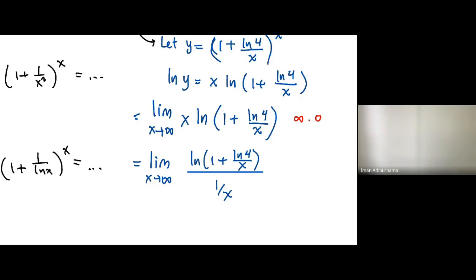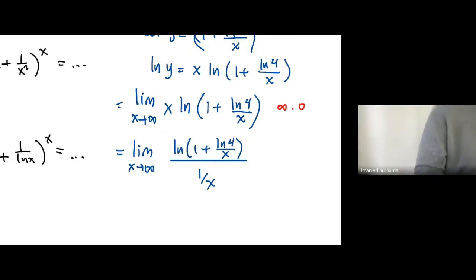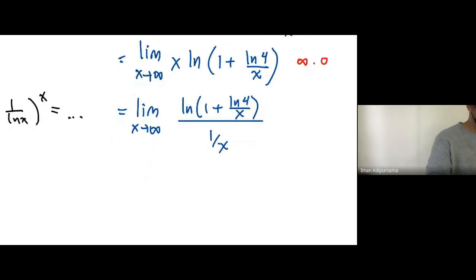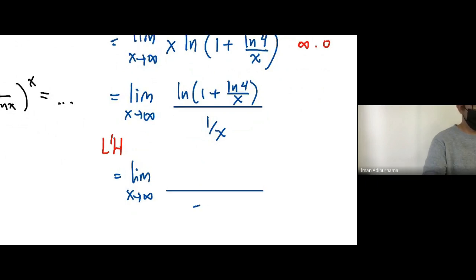We can do L'Hopital here. So the L'Hopital rule, and we can simply differentiate. The bottom one is negative 1 over x squared.